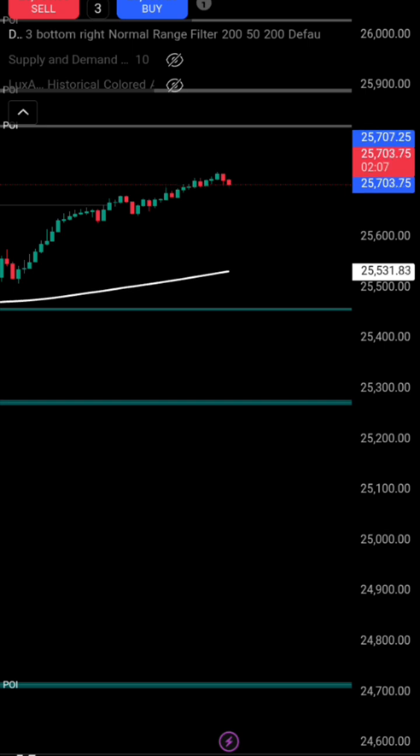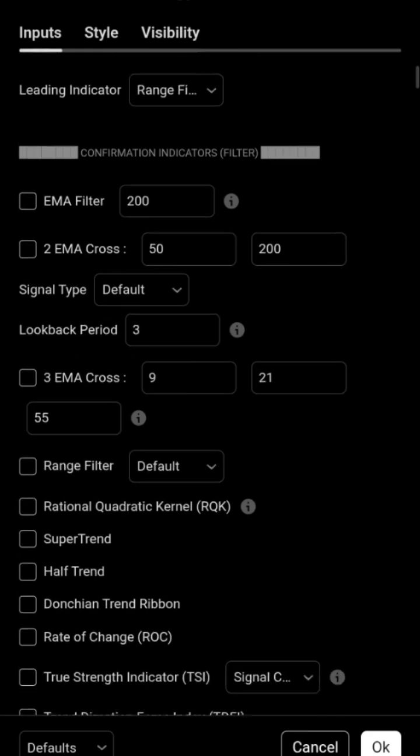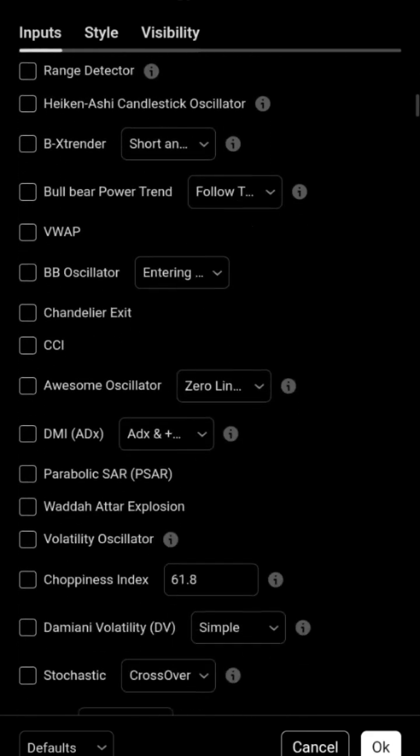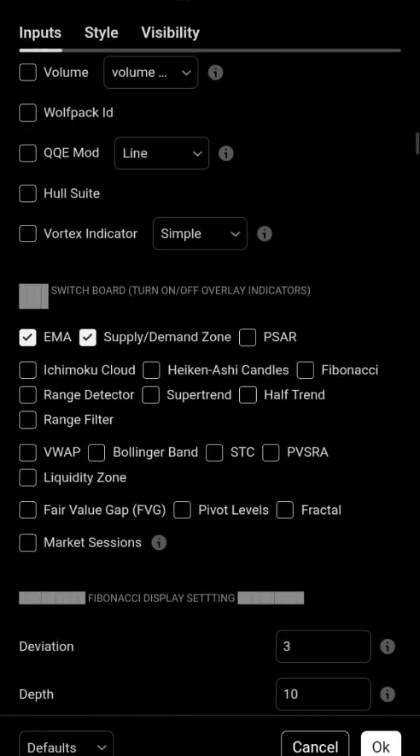Okay, so with this indicator, here are the settings that it has, the DIY indicator. It pretty much has any indicator in it that you're going to need. And I do mean almost any indicator. Here's the switchboard where you can turn them on and off, activate what indicators you want active.